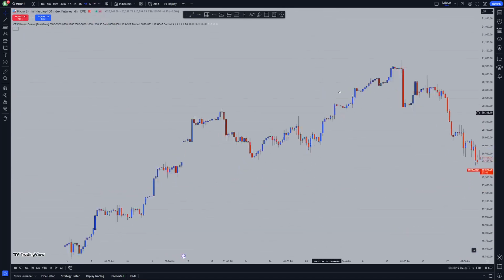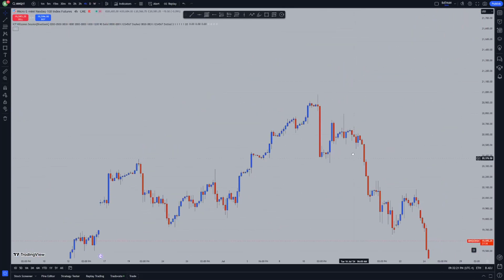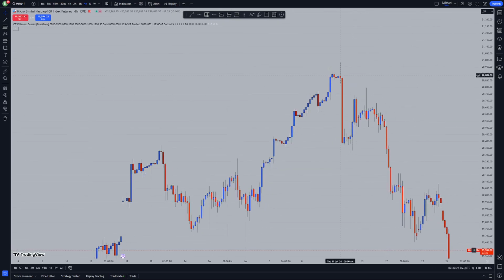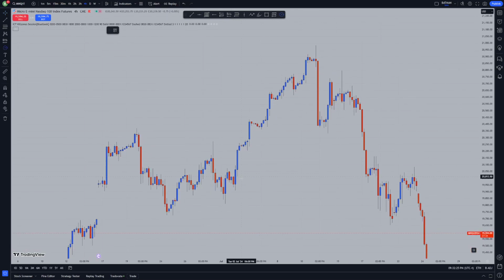Whereas, let's see this. In a bullish sentiment now, we got higher low. We got higher high. Higher low.